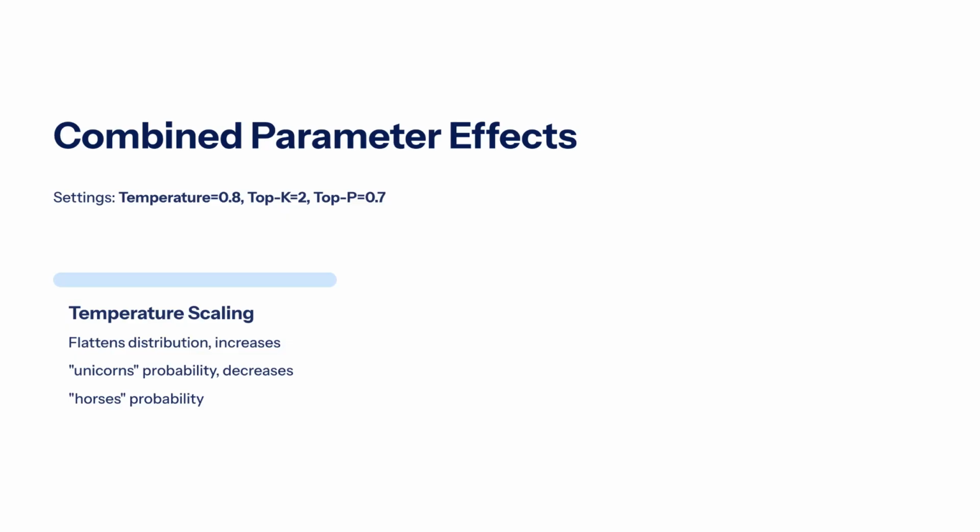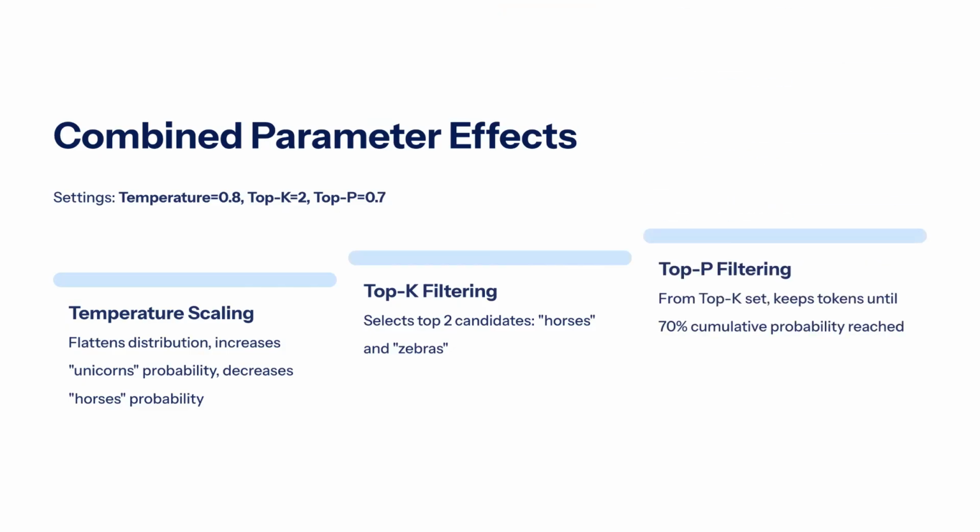The next step it would consider is the top K equals 2 filtering. It selects the 2 candidates, horse and zebras. Top P equals 0.7 filtering is the third step it applies. From the top K equals 2 candidates, it then applies top P 0.7 filtering, from the highest to lowest probability, keeping the order until the cumulative probability mass reaches 0.7.